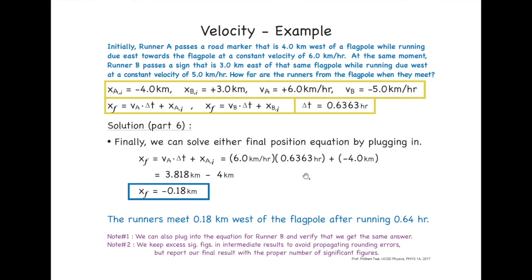So it's always a good policy to keep 2 to 3 sig figs beyond what you are expecting to report as your answer in all your intermediate results. And then finally, once you have a full result, you can trim it down to those last 2 sig figs. All right, and that is the end of that problem.